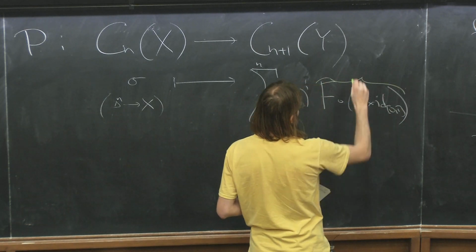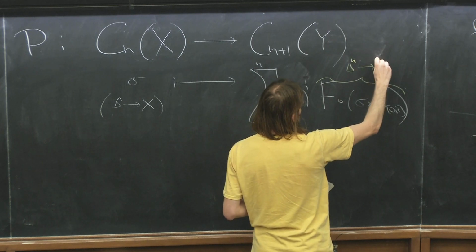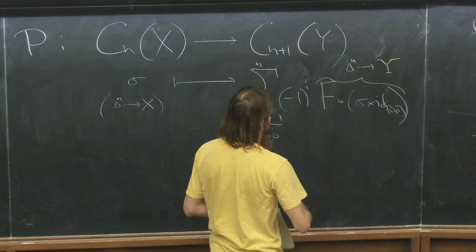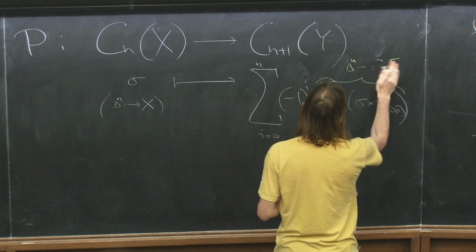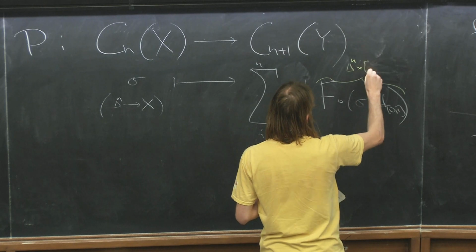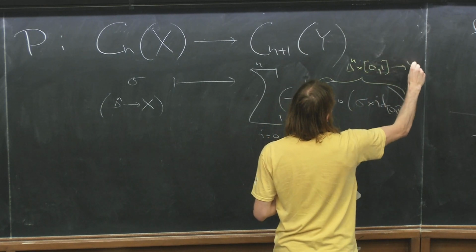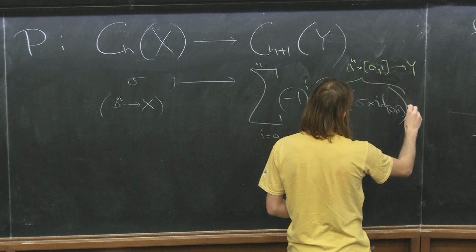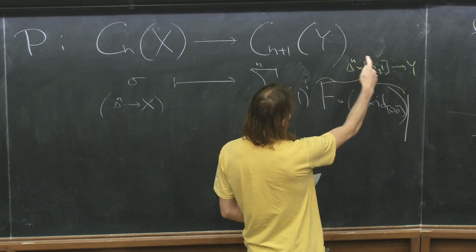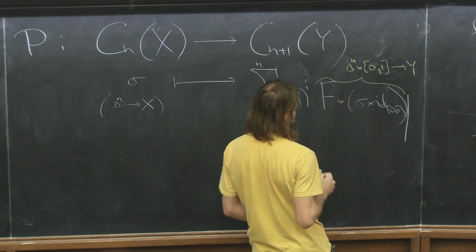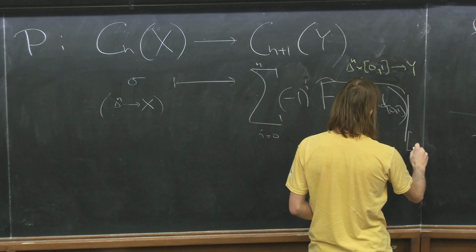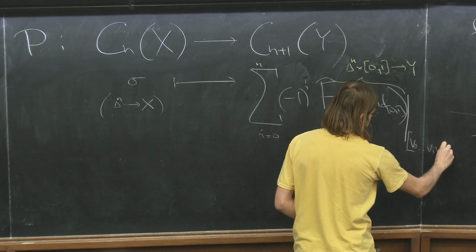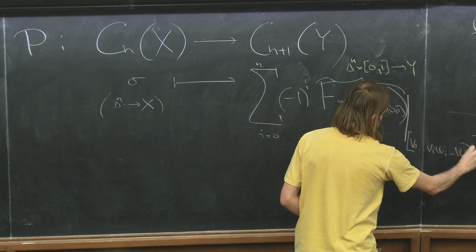This composition gives us a map from delta n times the interval to Y. And then we can restrict it to an n+1 simplex inside this prism with vertices from v0 to vi, then wi till wn.